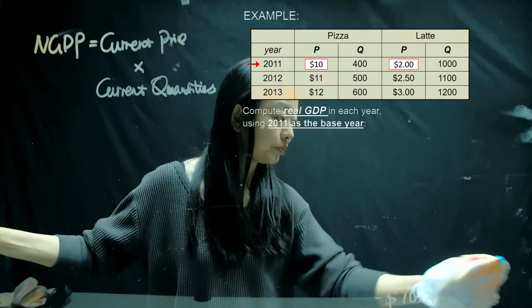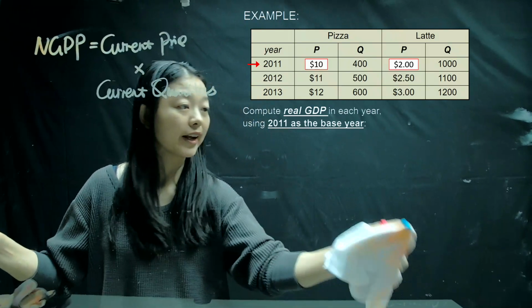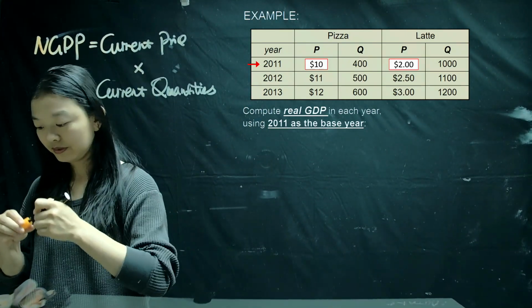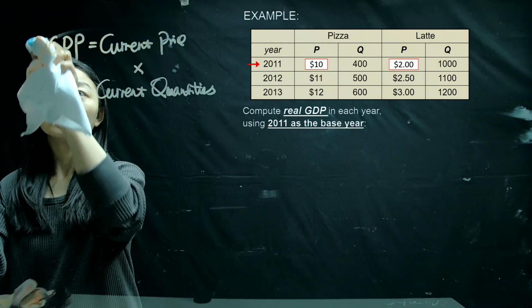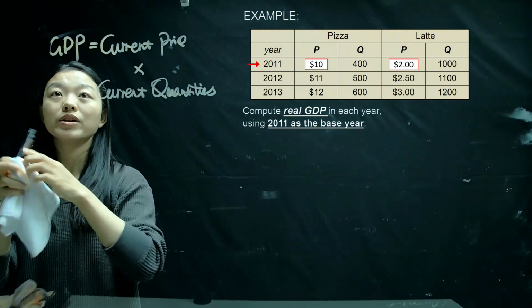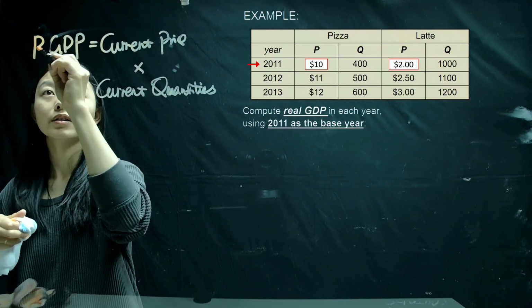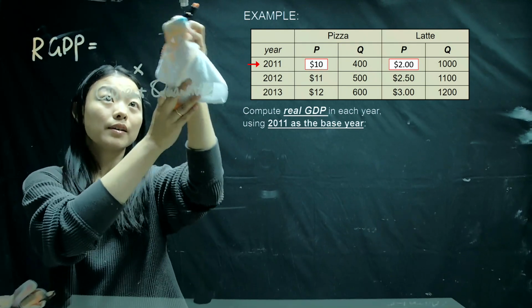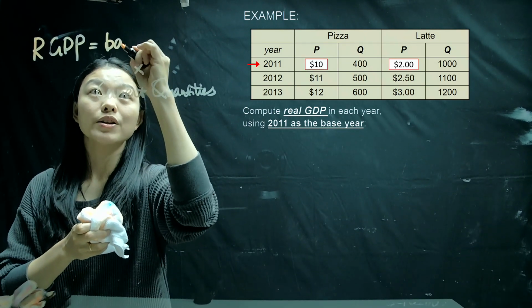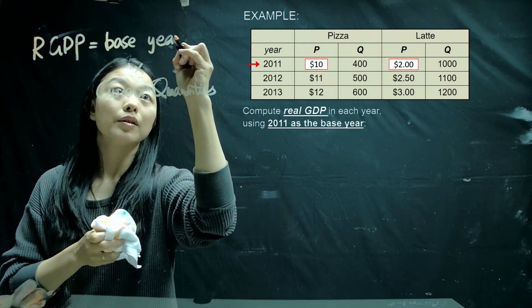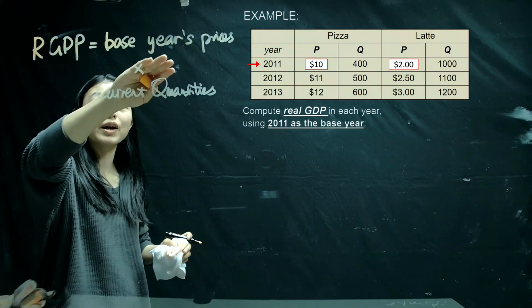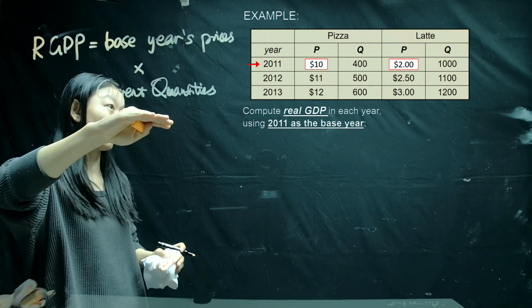So let me show you how we can compute the real GDP. Real GDP, always abbreviated as R, uses the base year's prices times the current quantity.